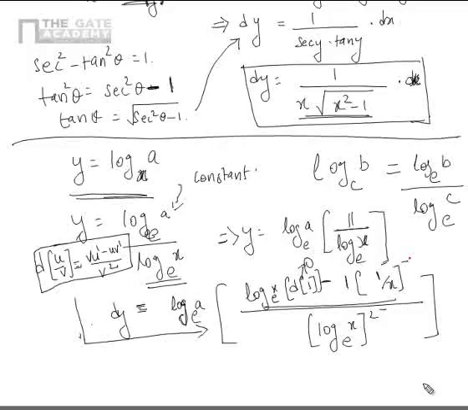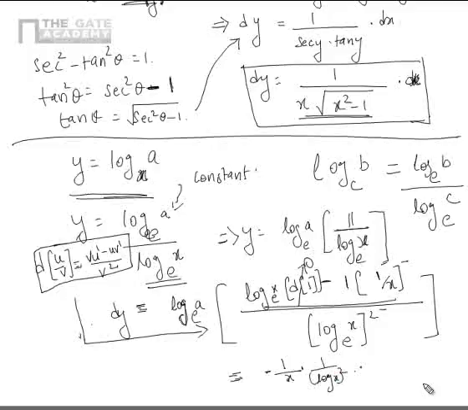This is the numerator part. So finally on simplification we will get this whole part will become 0. So we will get minus 1 by x into 1 by log x the whole square.